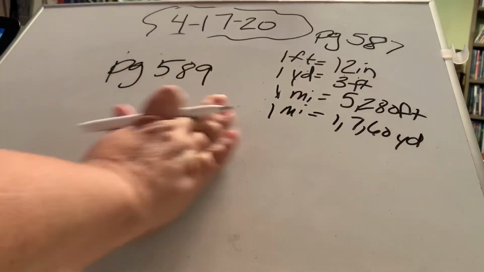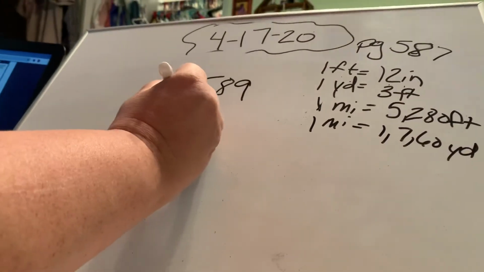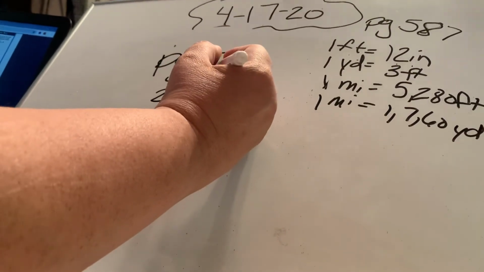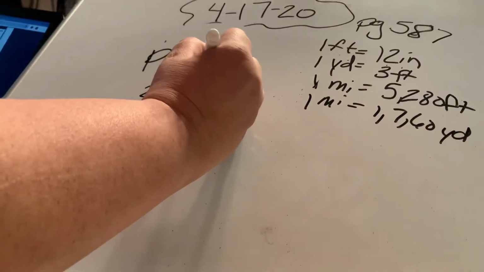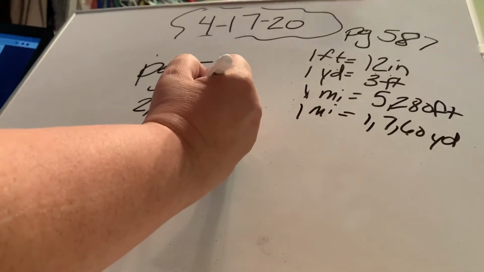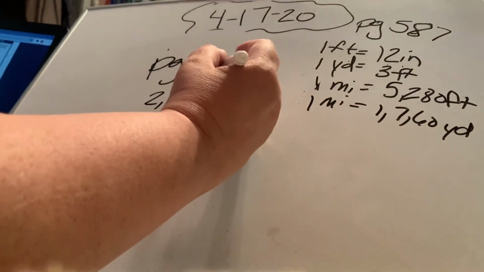Actually, you're not going to do even numbers. Let's see. You are going to do 2 and 3. You are going to do 5 and 8.